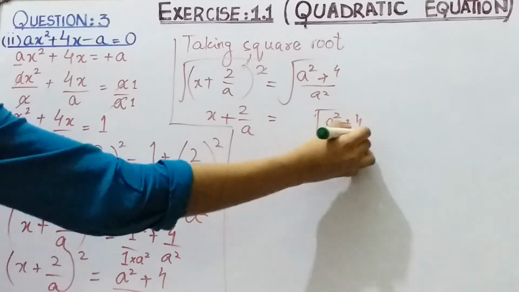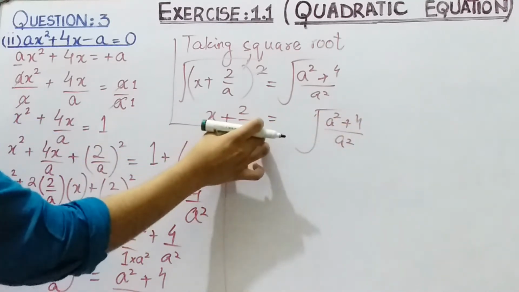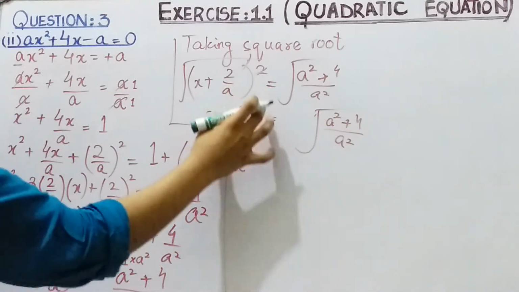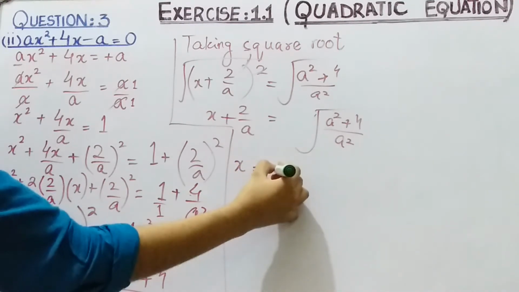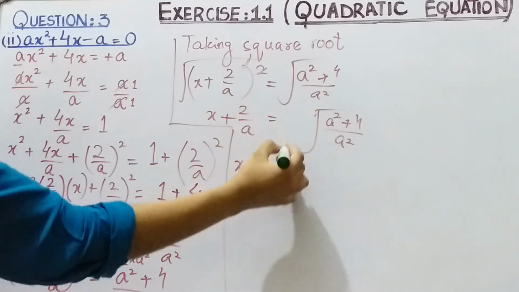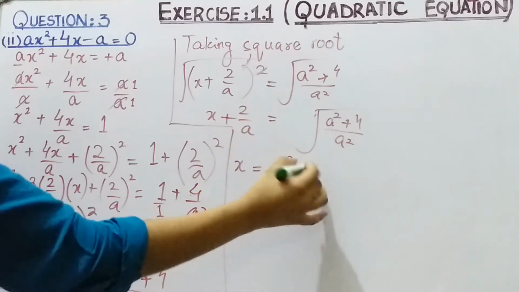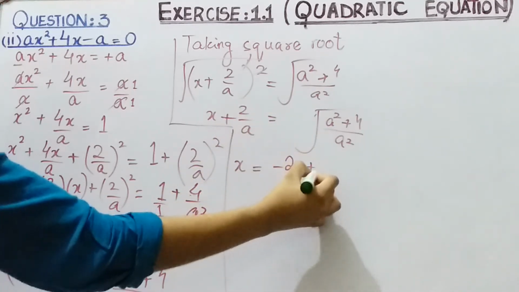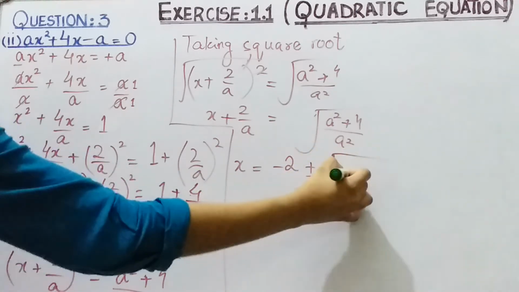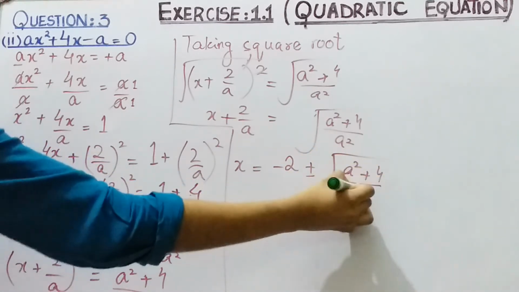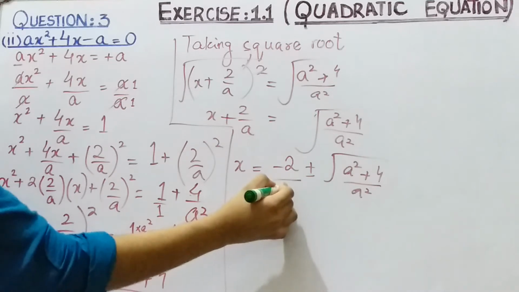Now what is going to be done, this whole will go there, so the value of x will become, with that there will be minus 2, and then plus minus this under root 4 by a square. Now there is a also.